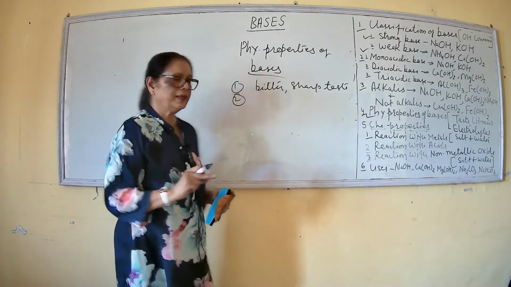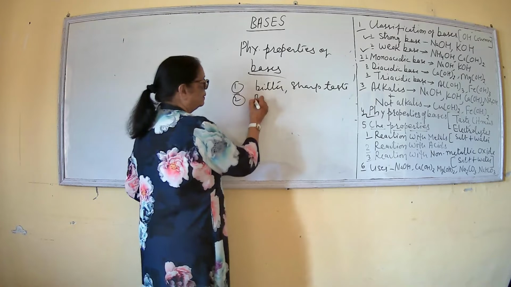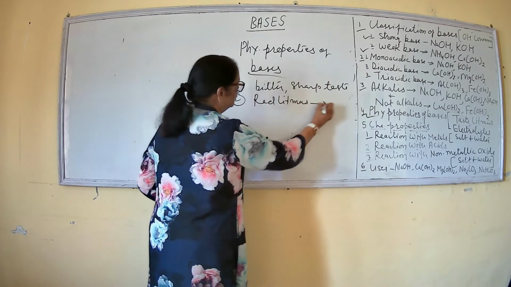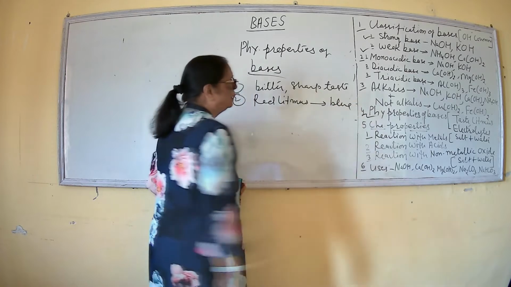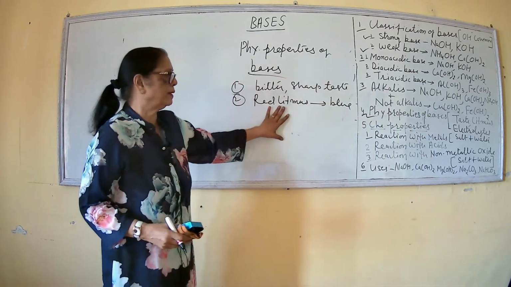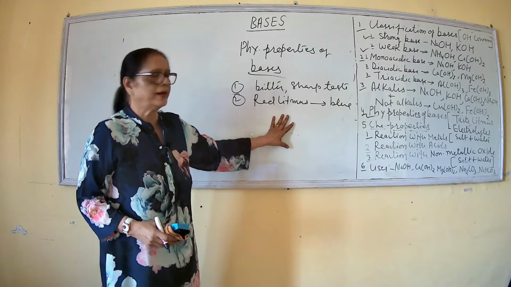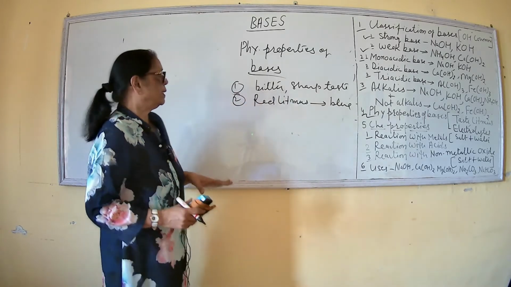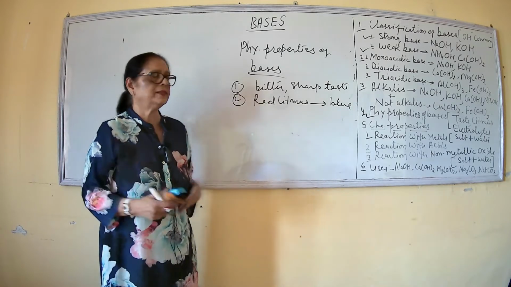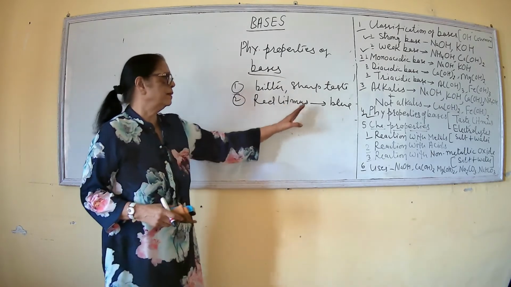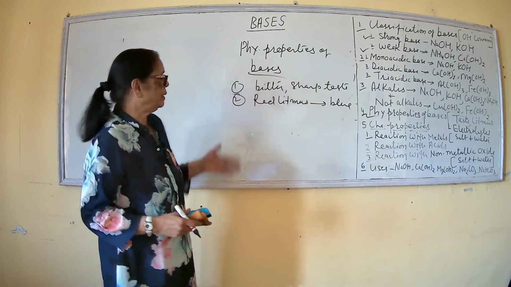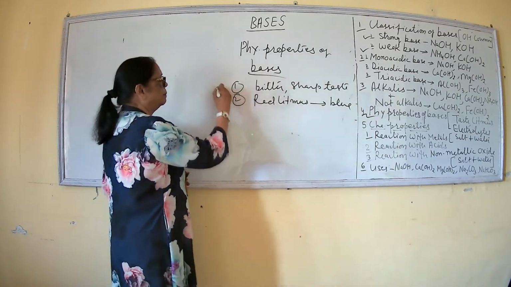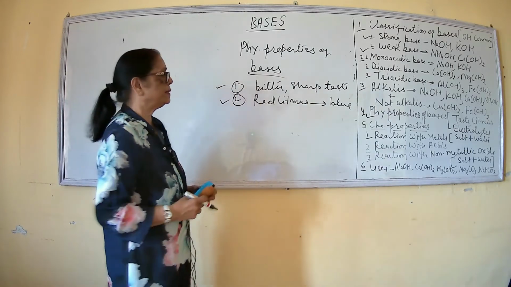Bases have the exact contrast property, they turn red litmus paper blue. So this is the test to detect the presence of a base. And you have been studying since class 6, 7, 8 that red litmus turns blue in a basic solution and blue litmus turns red in an acidic solution. So this is another basic physical property of bases.